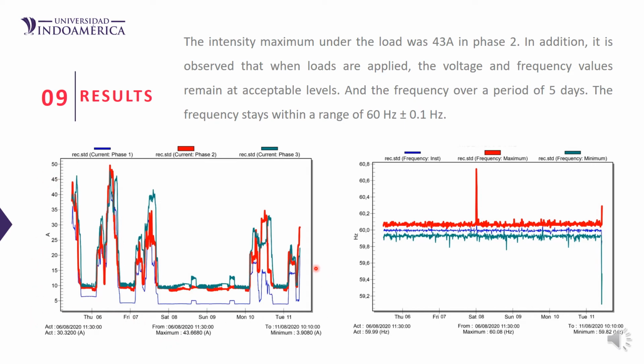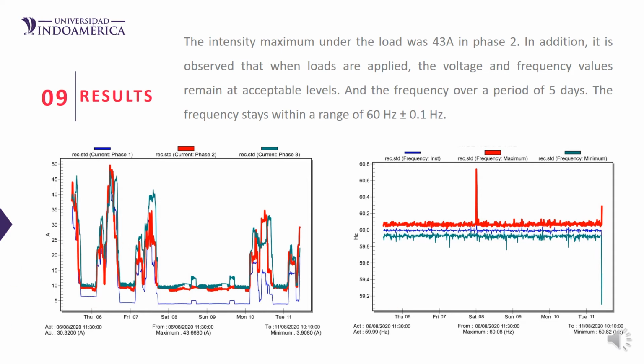The maximum intensity under the load was 43 amperes in phase 2, and in addition, it's observed that when the loads are applied, the voltage and frequency values remain at acceptable levels, and over the period of 5 days, the frequency stays within a range of 60 hertz. You can see here the frequency.